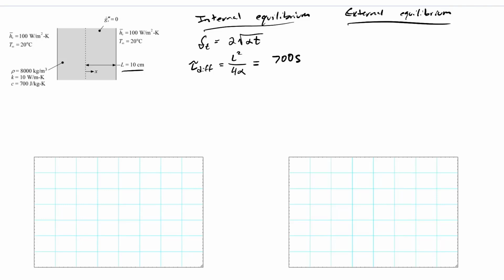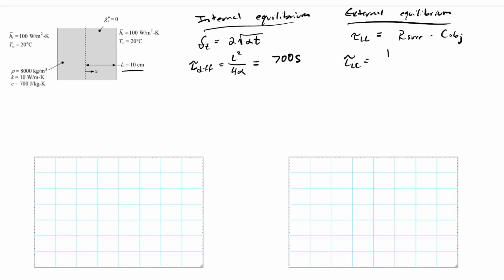For external equilibrium, we'll say tau LC is equal to our surroundings resistance times C of the object.